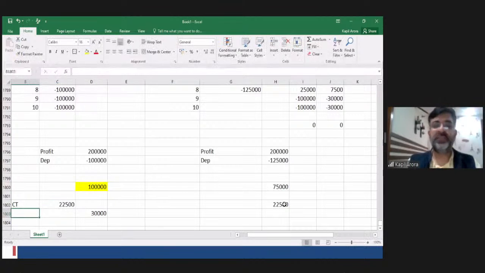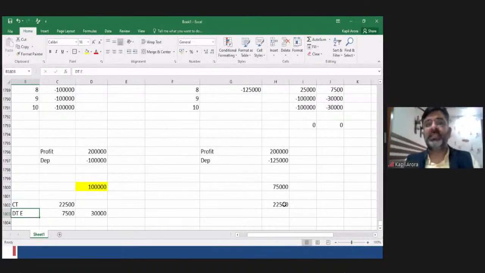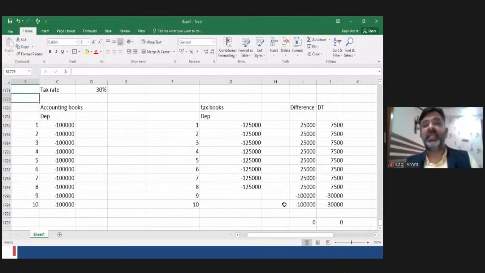But the difference between the current tax, which I am paying, and the 30,000, which is coming as per the accounting, is in this case an expense because it is increasing. So what happens when the tax department has given me an extra benefit?